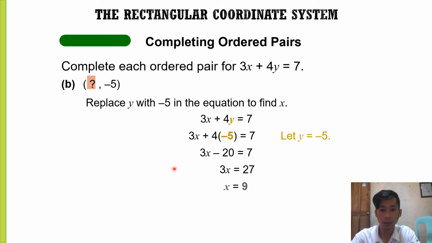Then 3x, 4 times negative 5, that is negative 20, is equal to 7. Then using addition property of equality, we are going to add 20 to both sides of the equation.